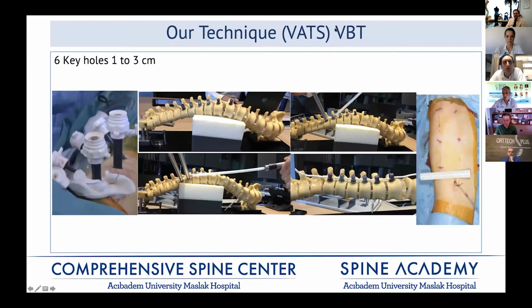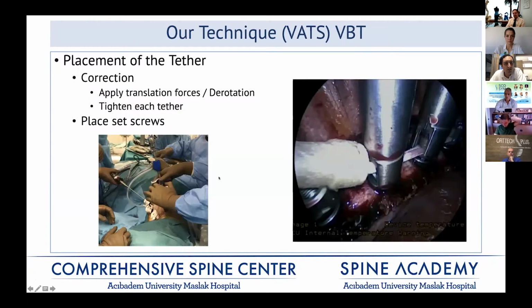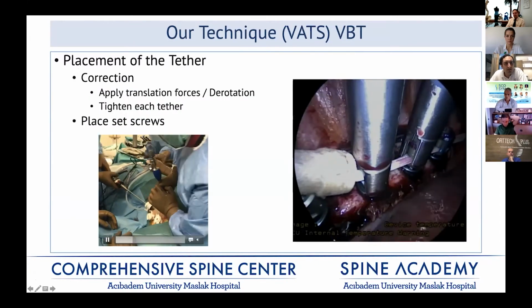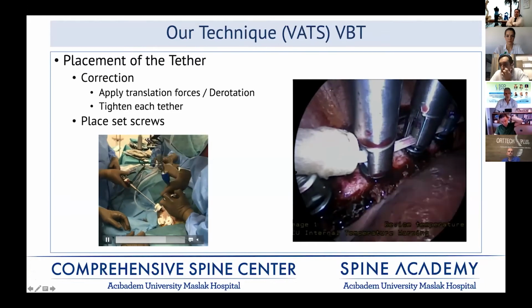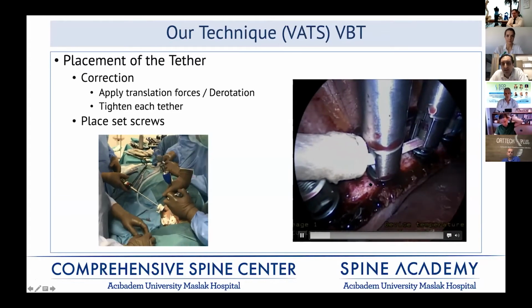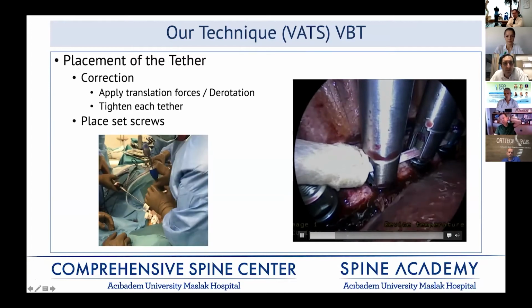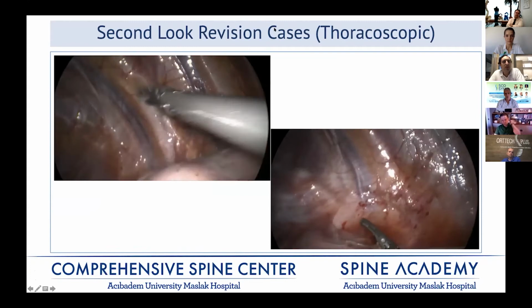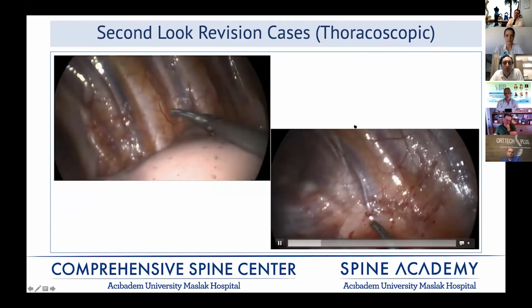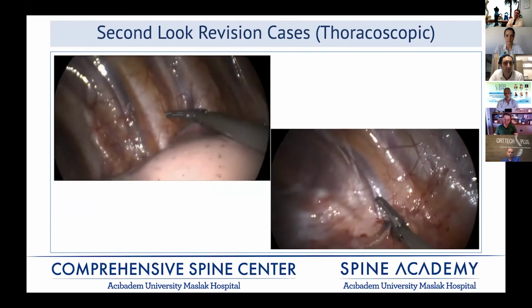We do it by video-assisted thoracoscopic surgery using keyholes, 1 to 3 centimeter incisions. And when we are applying corrective forces from outside using these hand devices, we apply tightening from the inside. And we can also do revisions if we have any problems with the same method with thoracoscopic application.